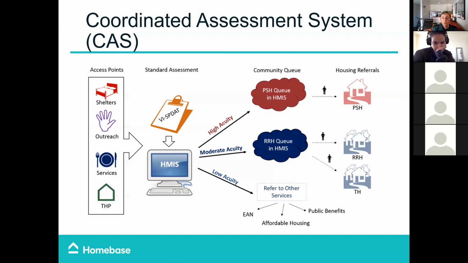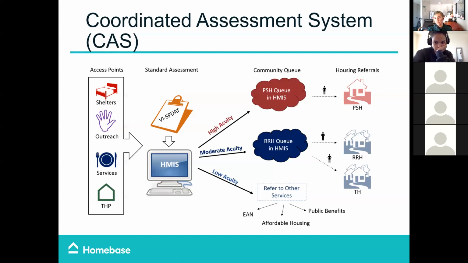And also, given that we have a very limited set of housing resources relative to that need, the coordinated assessment system does the job of prioritizing funding. Who is going to get a referral today when the referral is open, right?